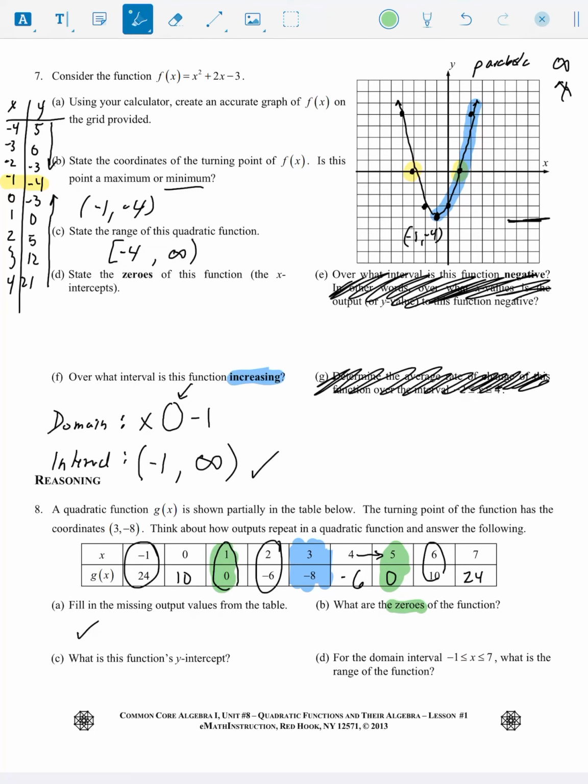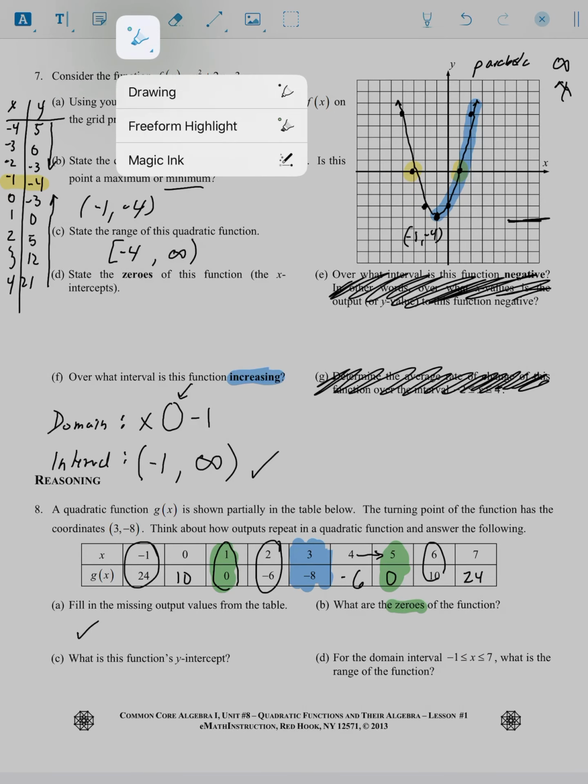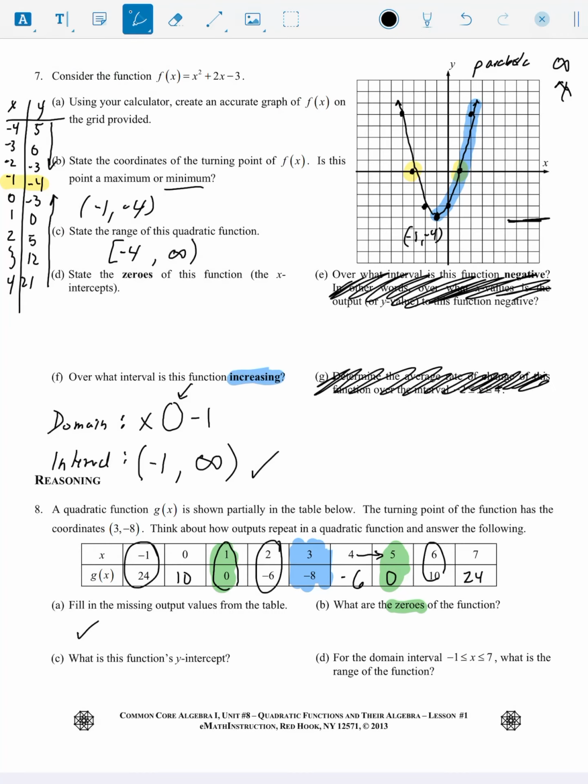So your points are highlighted in green at this stage, and it's both those points, 1, 0 and 5, 0. Just to clarify, 1, 0 might be here and 5, 0 might be here. It looks like we have a minimum, and the graph would look something like that.